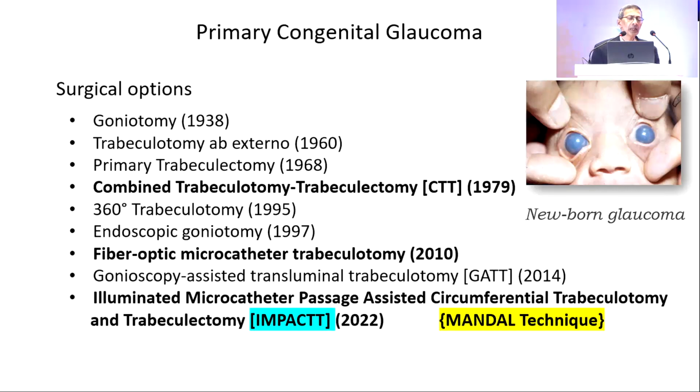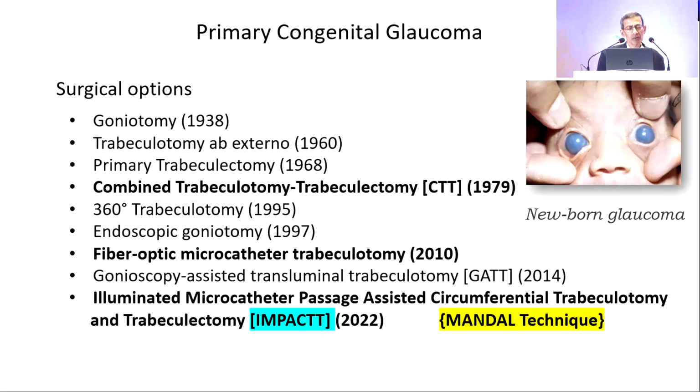When we look at the history of surgery for primary congenital glaucoma, before 1938 there was no surgery described, and the ultimate effect was blindness. But from 1938 till date, there are about 86 years of history of surgery for congenital glaucoma. It started with goniotomy, then trabeculotomy ab externo, primary trabeculectomy, and combined trabeculotomy-trabeculectomy.